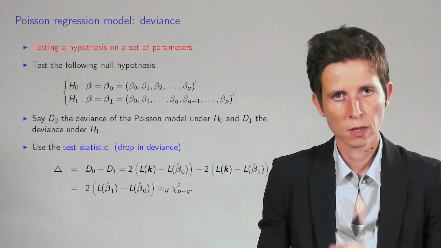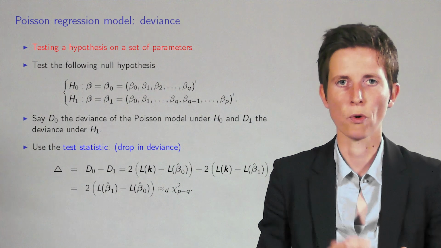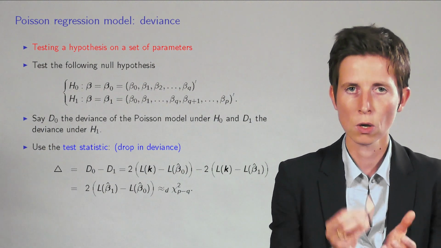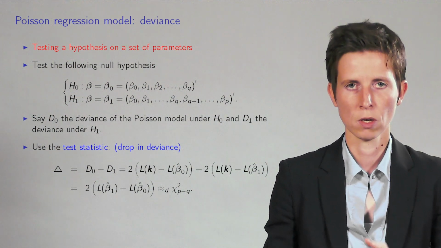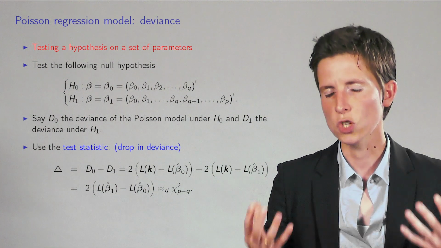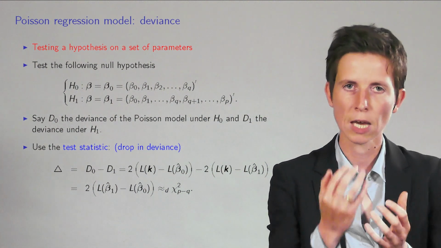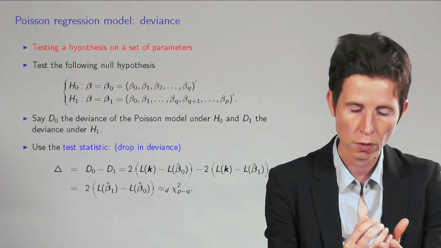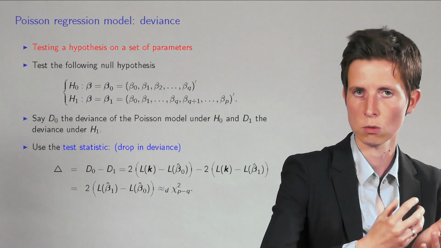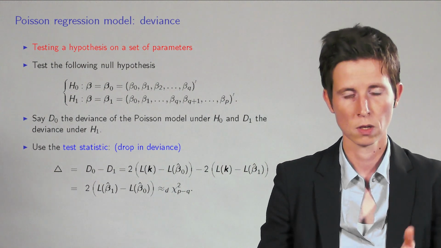That means that p minus q parameters in the original regression parameter vector beta were put equal to 0. We could use this kind of hypothesis test, for instance, to check whether the complete categorical covariate H should be incorporated in the Poisson regression model for claim frequencies or not.